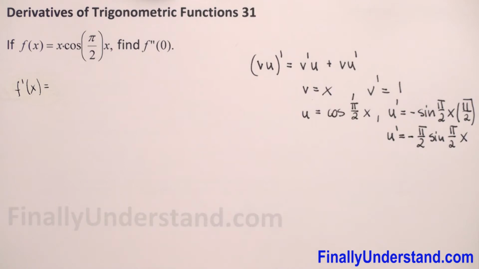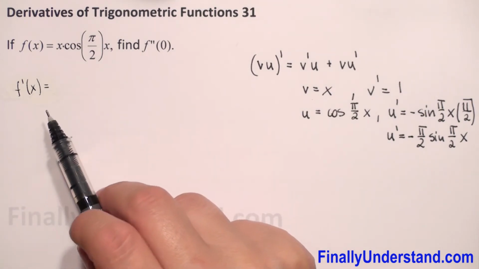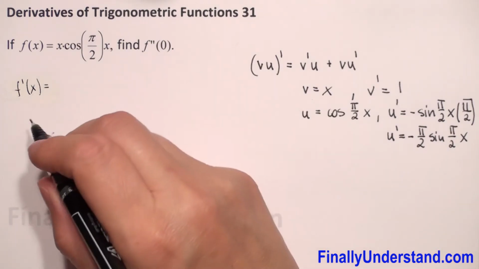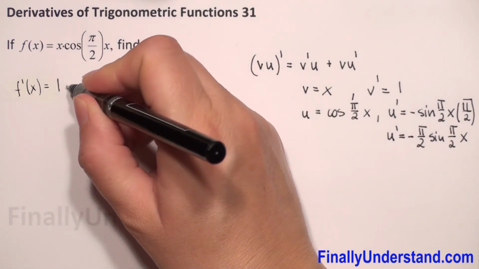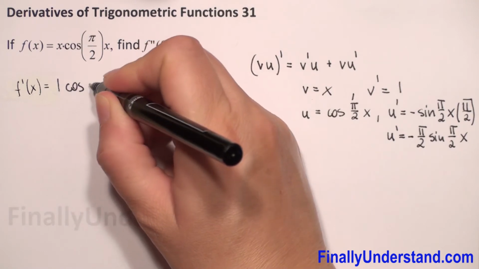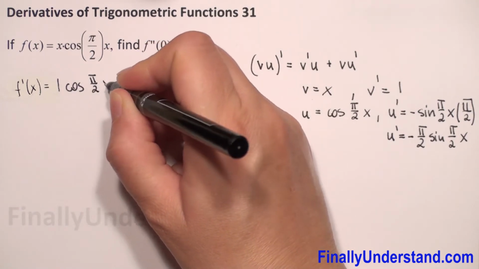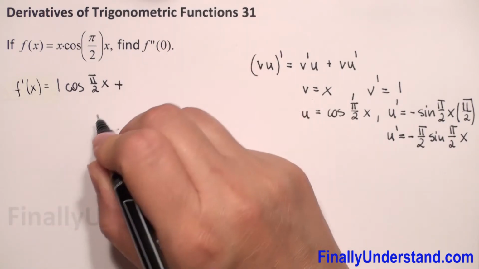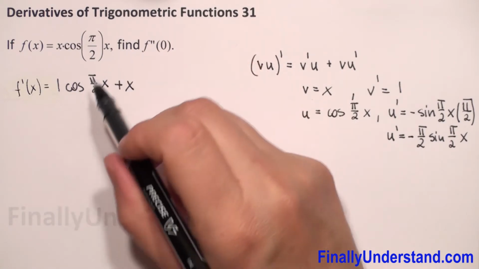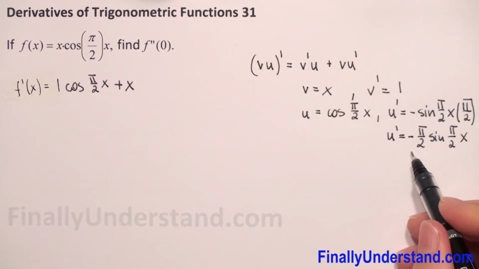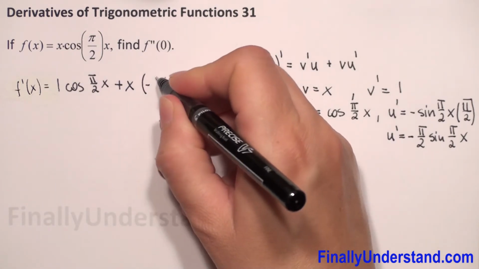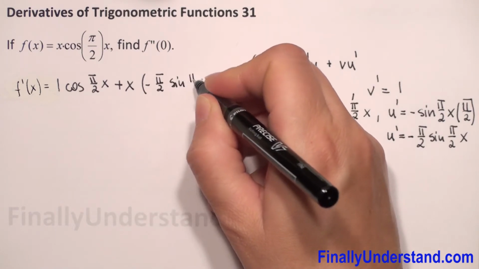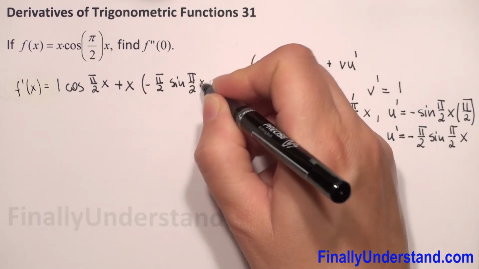Now we have to just substitute. First we put the derivative of x, which is 1, times cosine of pi over 2x, we just copy, plus x times the derivative of cosine, which is negative pi over 2 sine of pi over 2x.